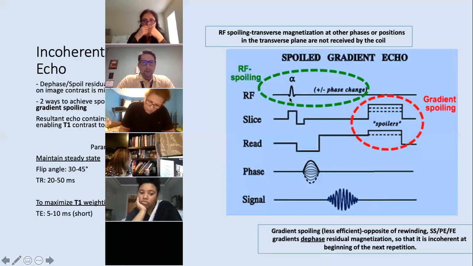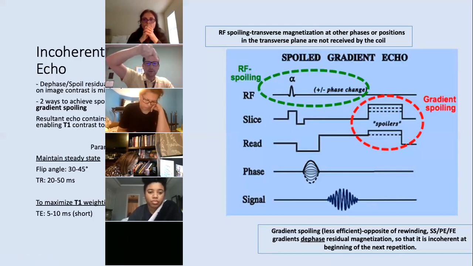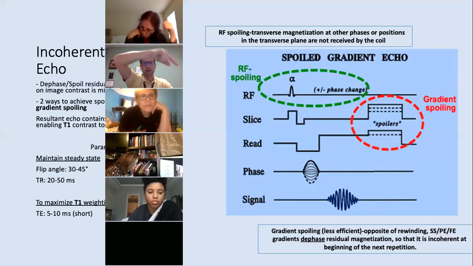The RF spoiling is basically making sure that the FID and the stimulated echo don't overlap each other. And a way to do that is by changing the phase angle. So we know that when we collect our echoes on the transverse plane, they rotate completely around that axis.